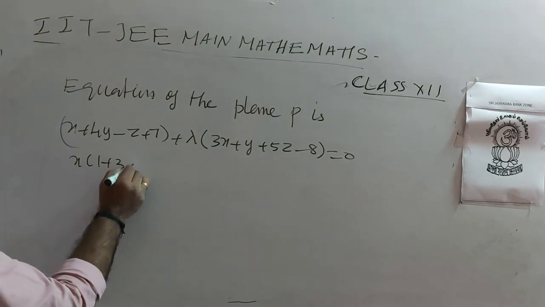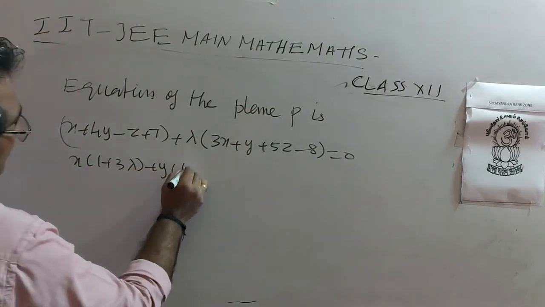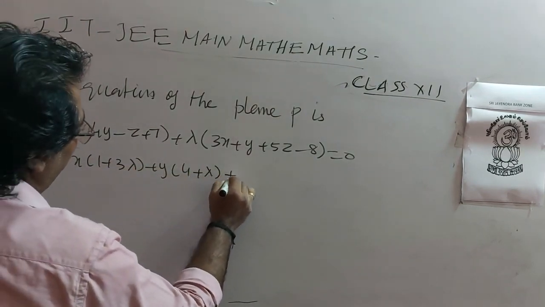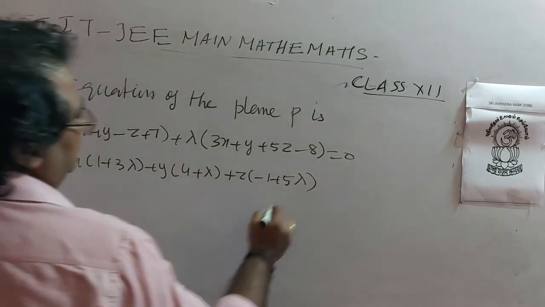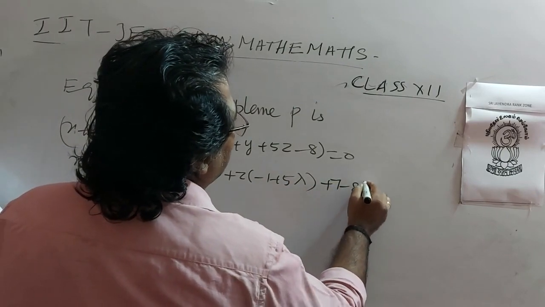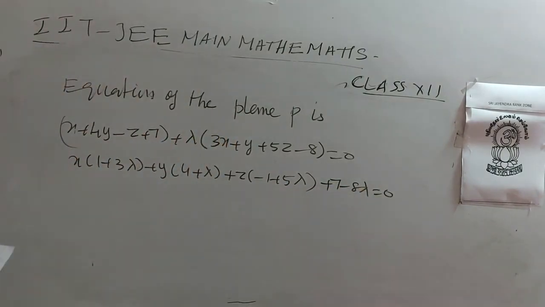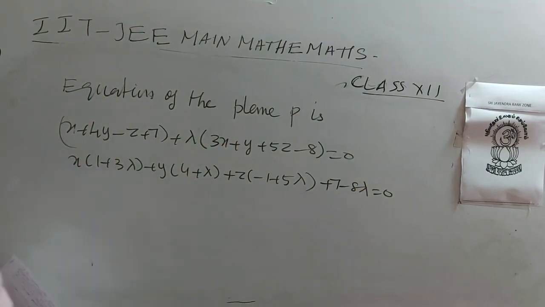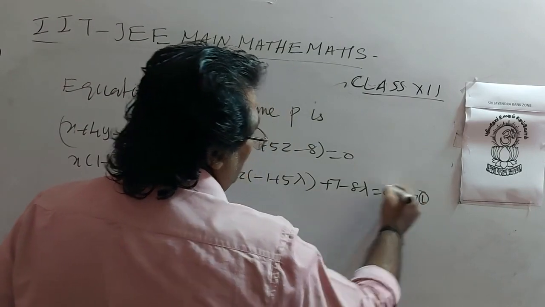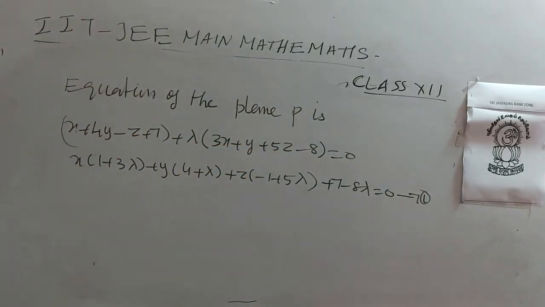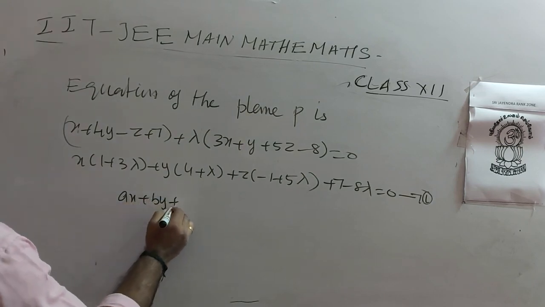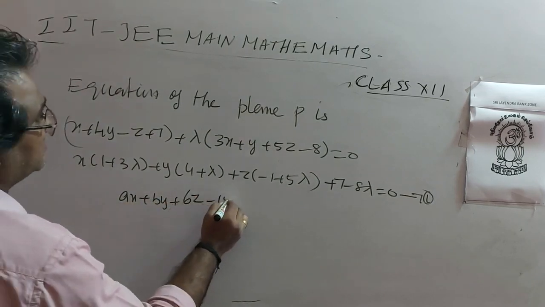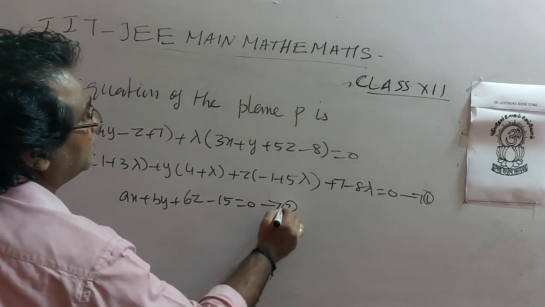So x into 1 plus 3 lambda, y into 4 plus lambda, plus z into minus 1 plus 5 lambda, 7 minus 8 lambda equal to 0. So this is given as ax plus by plus 6z minus 15 equal to 0.